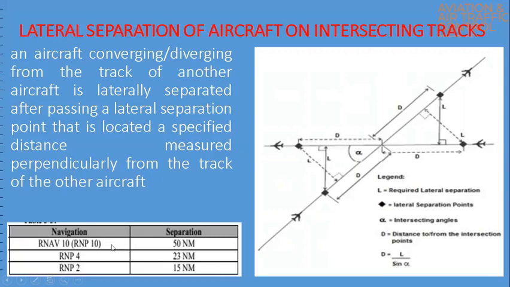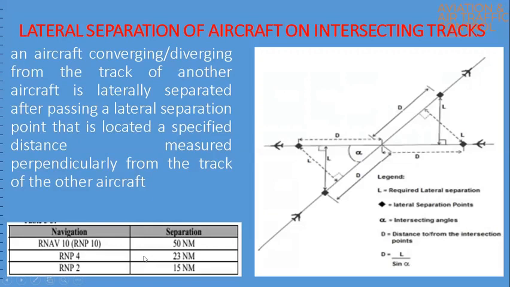Simply, for RNAV or RNP 10, we need 50 nautical miles. If these two are 50 nautical miles apart, then they are separated. So it simply means that beyond these diamond points they are laterally separated, but between these points we need to apply vertical separation.